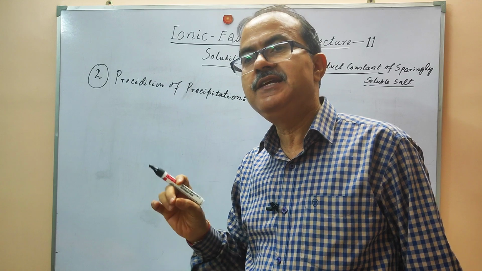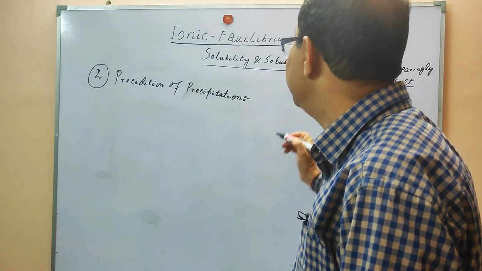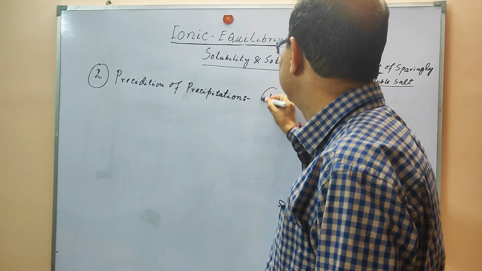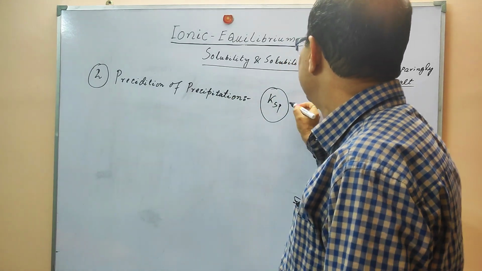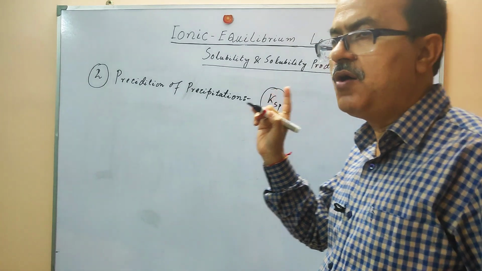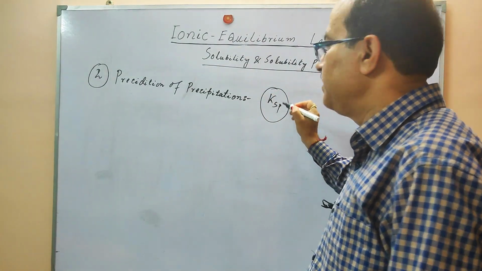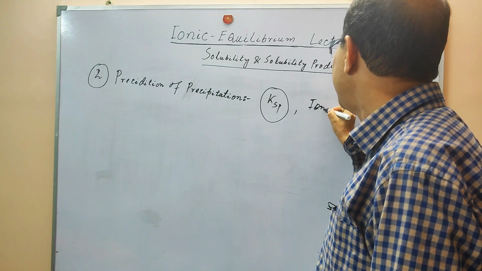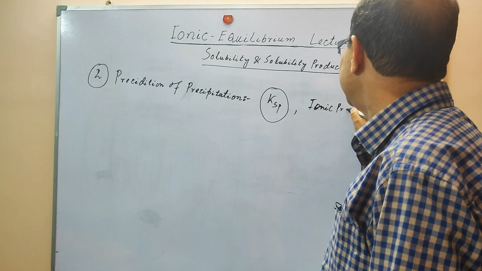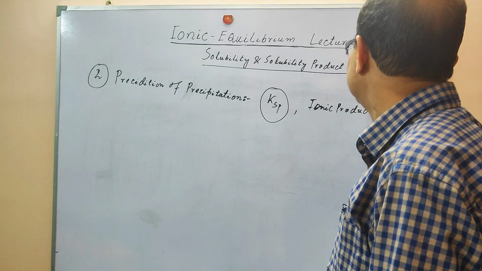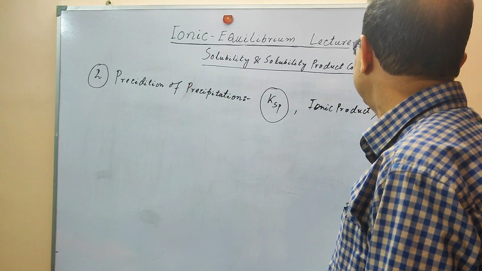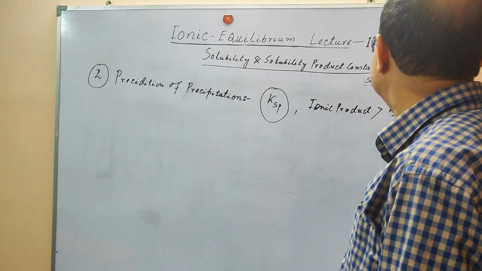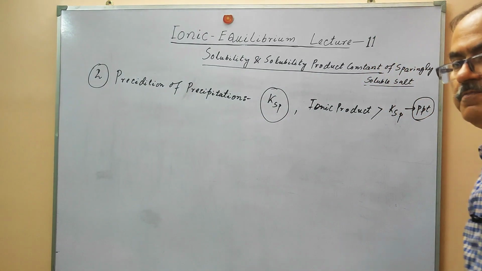That can be easily determined from the Ksp. When the ionic product is greater than the solubility product, ionic product greater than the Ksp, then there will be precipitation, PPT.